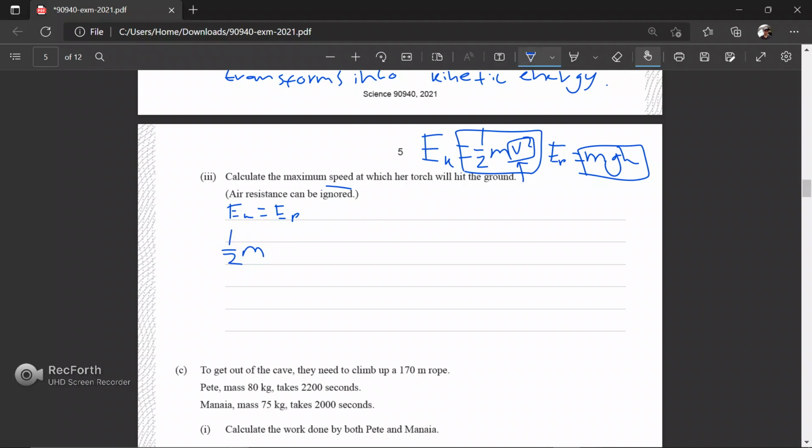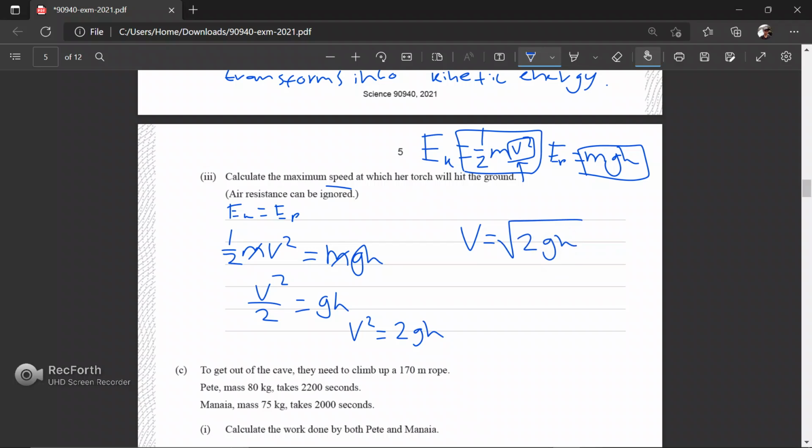So I would write half mv squared, the equation for kinetic energy, equals the equation for potential energy, mgh. Then we can see that mass is common on both sides, so that can cancel out, so we get v squared over 2 equals gh. Multiply both sides by 2, v squared equals 2gh.